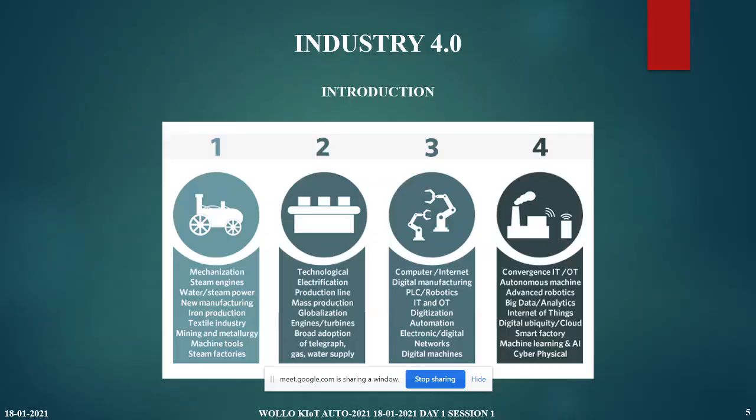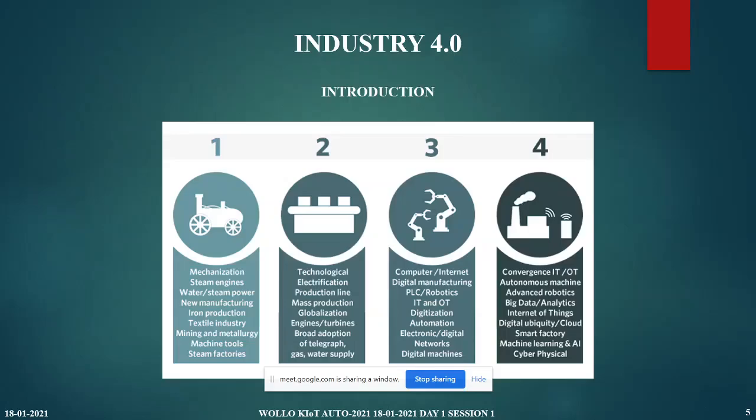Now we move on to the second revolution, wherein you had a lot of electrification. A lot of electrical things came into the picture to help the workers in achieving and improving their targets and the accuracy of the products. Henry Ford established the production line and the assembly line system for automobiles.